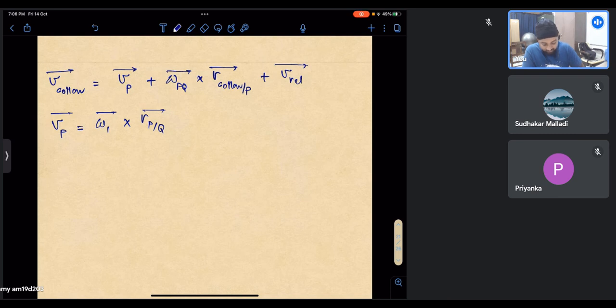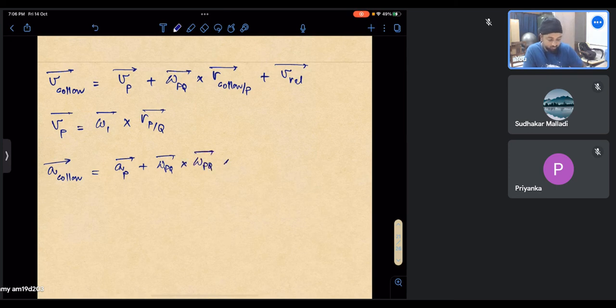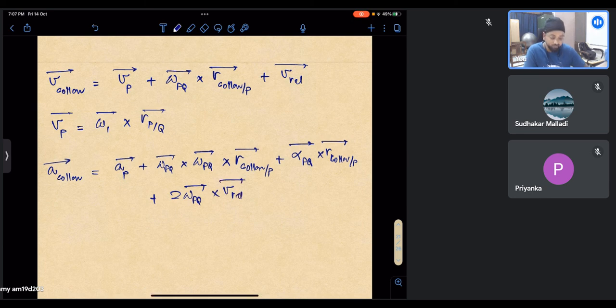Similarly, acceleration of the collar, if we see, it is acceleration of P plus omega PQ cross omega PQ cross r collar with respect to P plus alpha PQ we calculated cross r with respect to P plus we have 2 omega PQ cross vrel because of the relative frame plus arel.